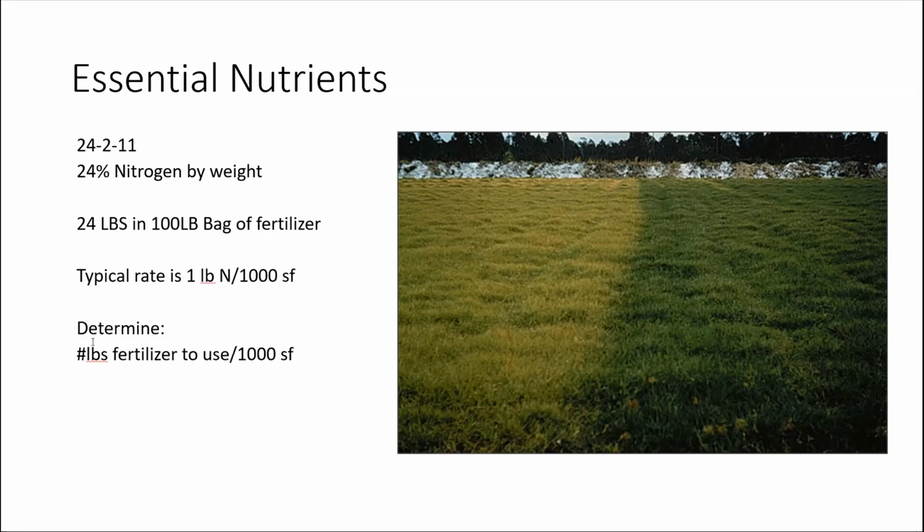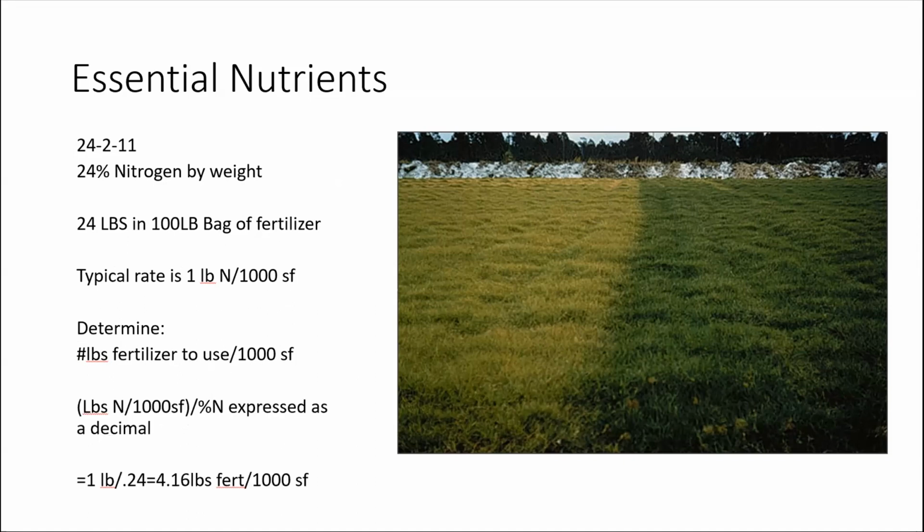So we want to determine, given what we've got, the number of pounds of fertilizer to use per 1,000 square feet. We take the pounds of nitrogen per 1,000 square feet desired. If we want 1 pound per 1,000 square feet, we take that 1 pound of nitrogen and divide it by the percent nitrogen expressed as a decimal.